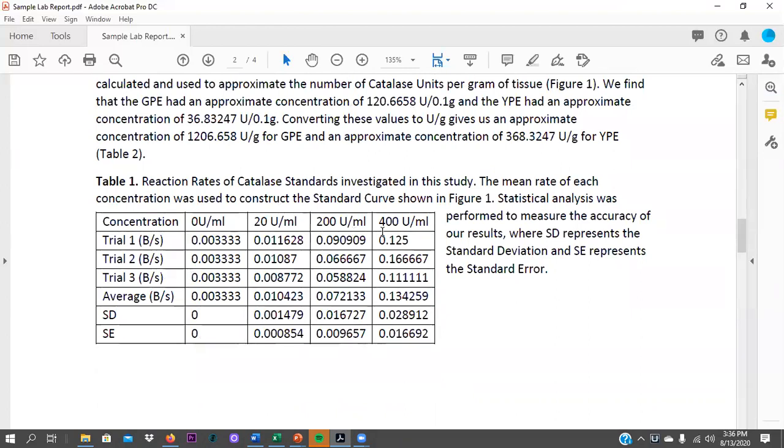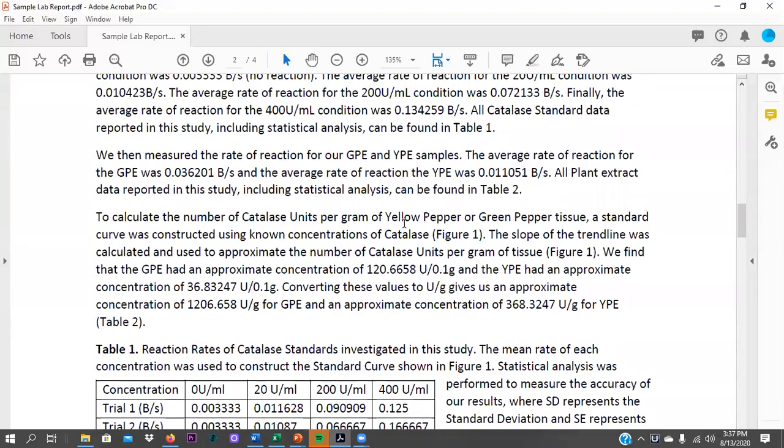Here we see Table 1, and we have a figure or a table legend here. All tables and graphs should have a short legend where you will describe what the table or graph contains. Here, Table 1 says that reaction rates of catalase standards are investigated in this study. So we know that these are reaction rates of the catalase standards. Similarly, we show a standard curve was constructed using known concentrations of catalase, Figure 1.